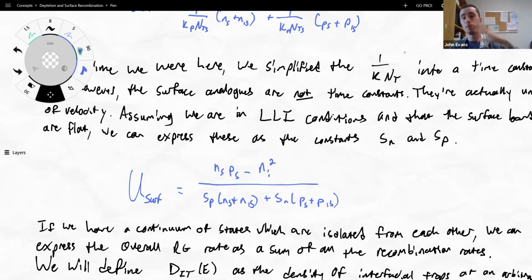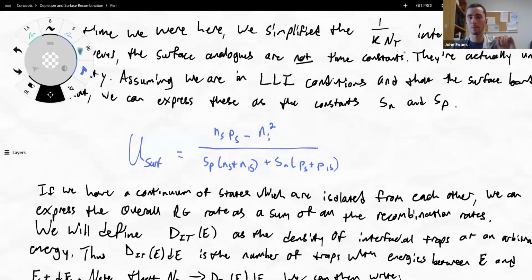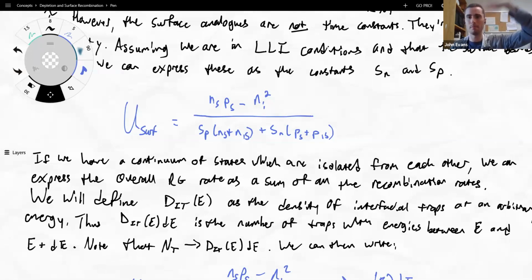So if we want to get the overall rate, we're going to sum all of them up. So we're going to take this expression and we're going to sort of integrate it over E. We're also going to introduce a new term, which is DIT of E, which is the density of interfacial traps at a specific energy.